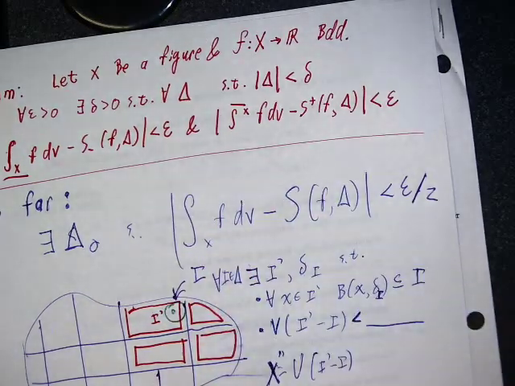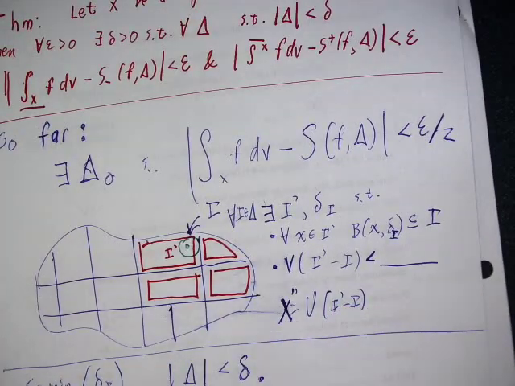Can I do this so that the volumes of the complements of all of those red pieces are simultaneously tiny? Yeah, by choosing delta appropriately, I can make this very small.